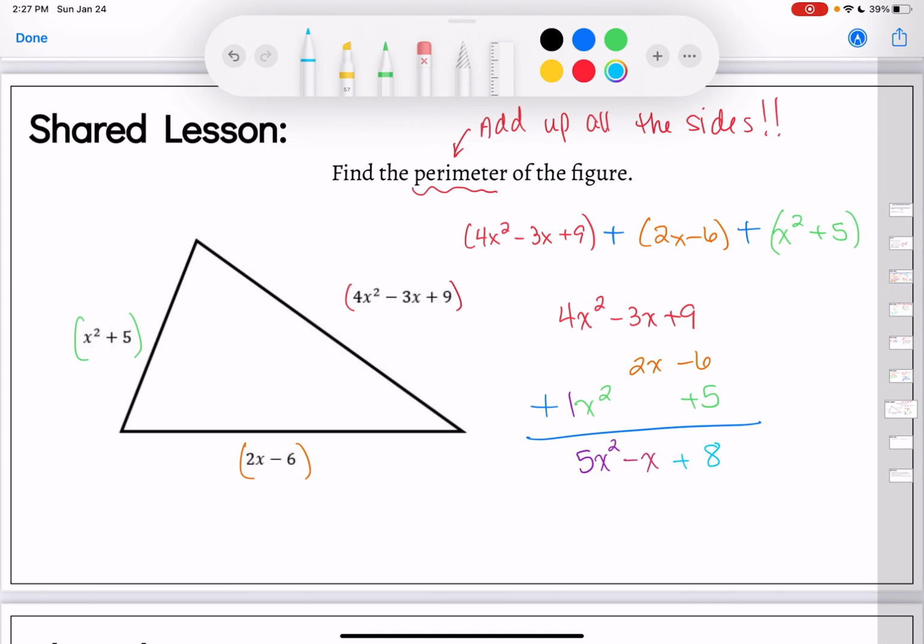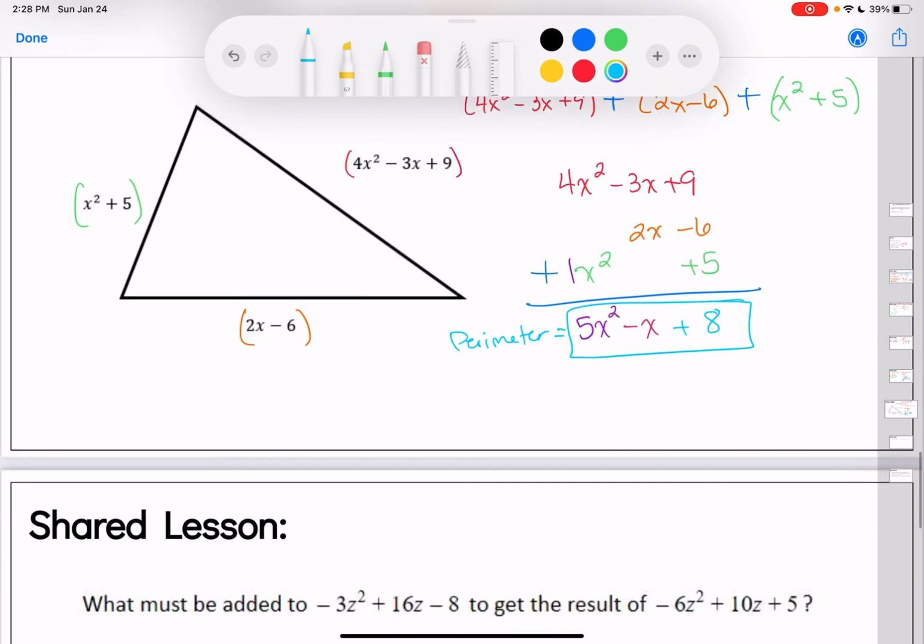So the perimeter equals 5x squared minus x plus 8. And just to double check, x squared, x, no variable. I did write it in standard form as we went. So perimeter is a pretty common way that you could see this adding polynomials idea.